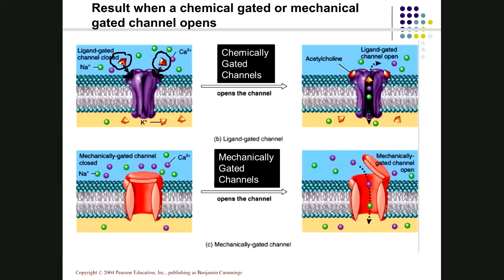And as soon as it binds, the channel opens and ions can flow. If it's a mechanical gated one, remember it requires pressure. Something has to push on it. But when you do push on it, when there is movement, the channel is going to open and ions can flow.